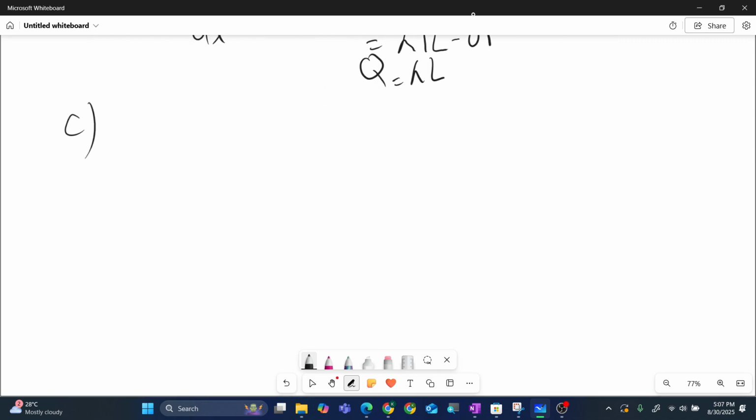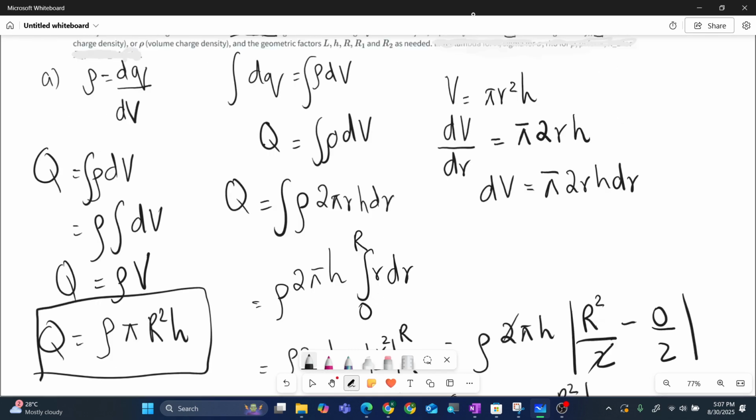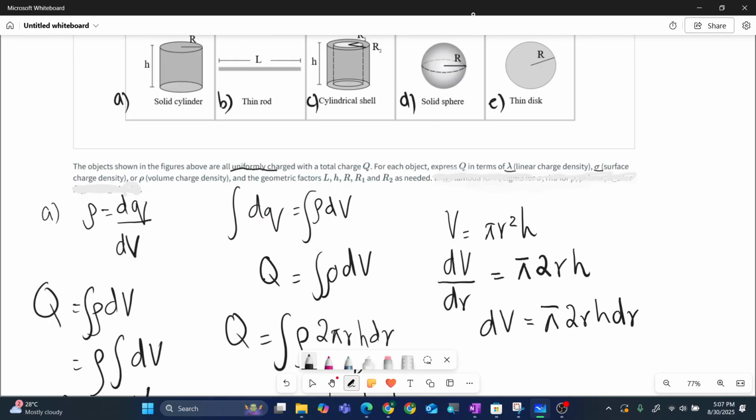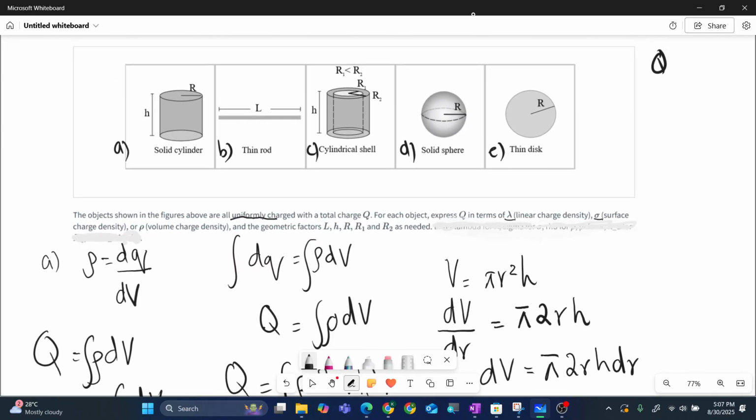Let's talk about the third one. This is a cylindrical shell. This is a bit tricky, not too tricky, just a bit tricky, because we now have a three-dimensional object, but since it's a cylindrical shell, the inner side is empty, so the charge is distributed among the radius r1 till r2, where r1 is lesser than r2.